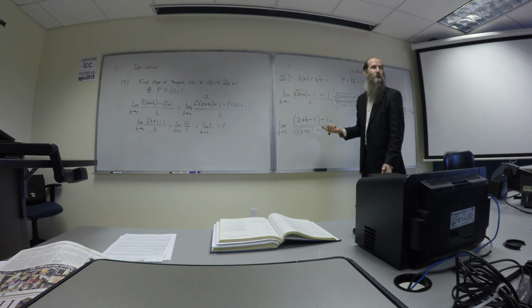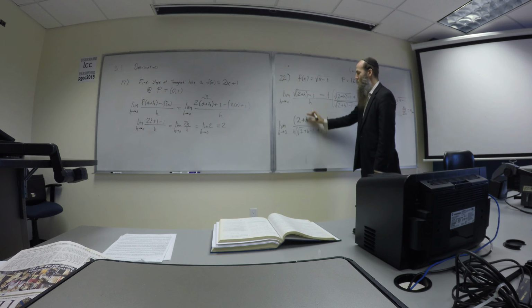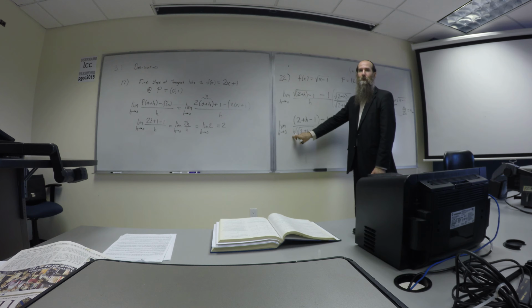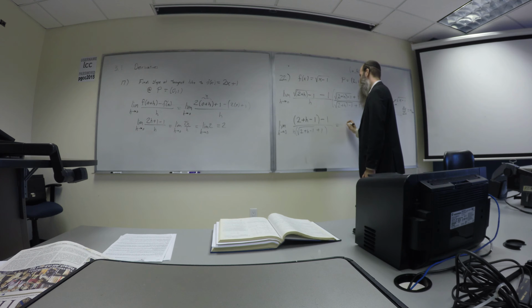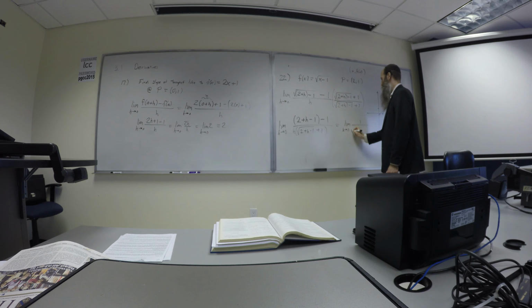The top is just h. So now we have a simple factor of h above. It's going to cancel with this factor below, what we expected before, that the factor of h will cancel. All right. So it should read now: the limit as h goes to 0 of 1 over the root of 2 plus h minus 1, plus 1.